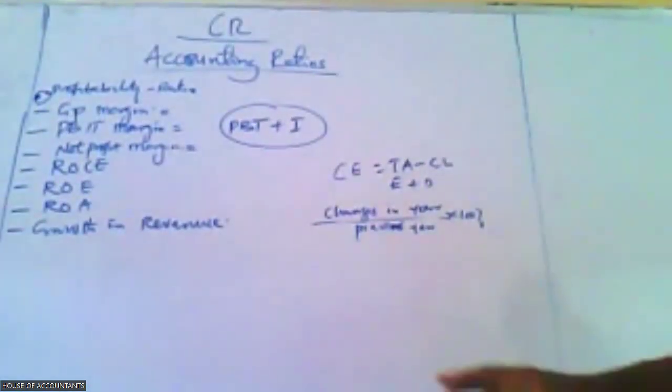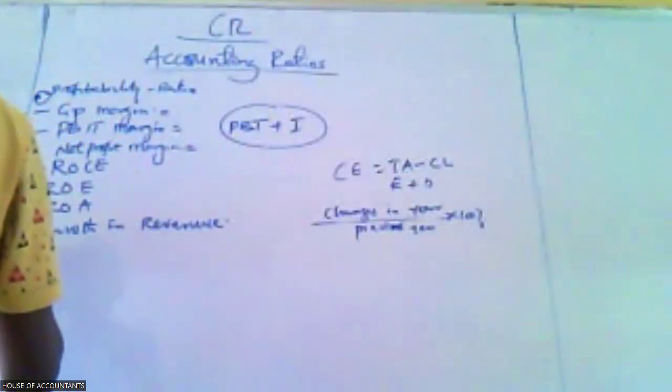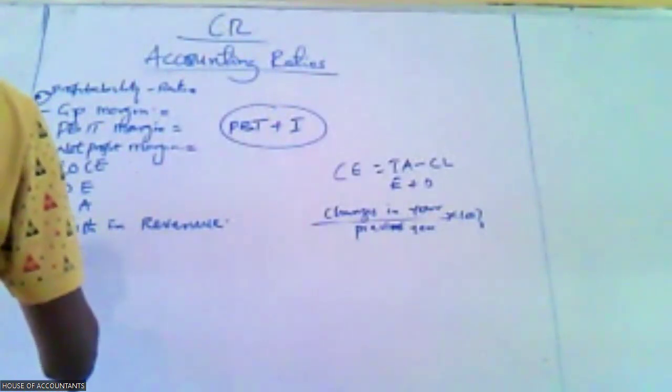Okay. So that is all we need to know under profitability ratio. The next one is efficiency ratio.